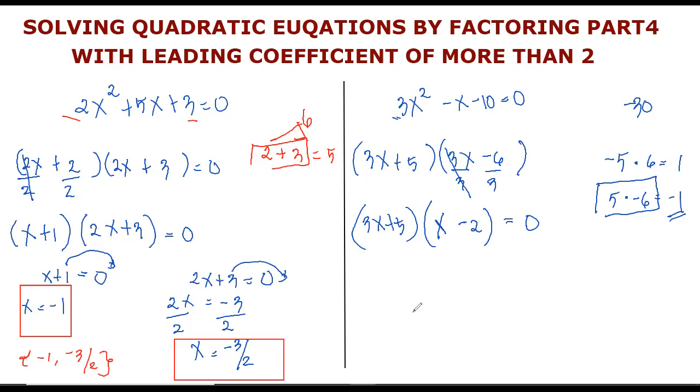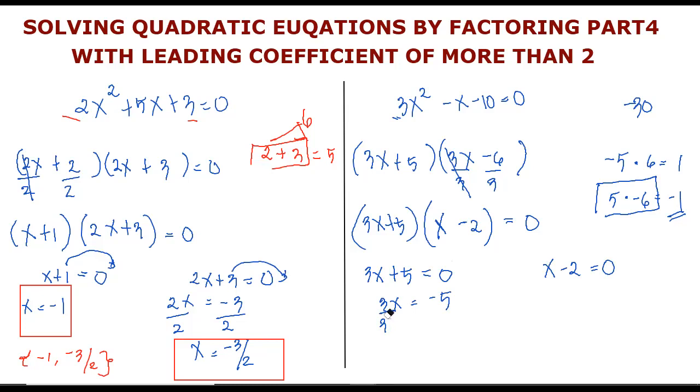So now, let's equate it to 0 po. So 3x plus 5 is equal to 0, then x minus 2 is equal to 0. Okay, transpose positive 5 to the right side of the equation. It will give us 3x is equal to negative 5. Okay, so we need to get the value of x, not 3x.